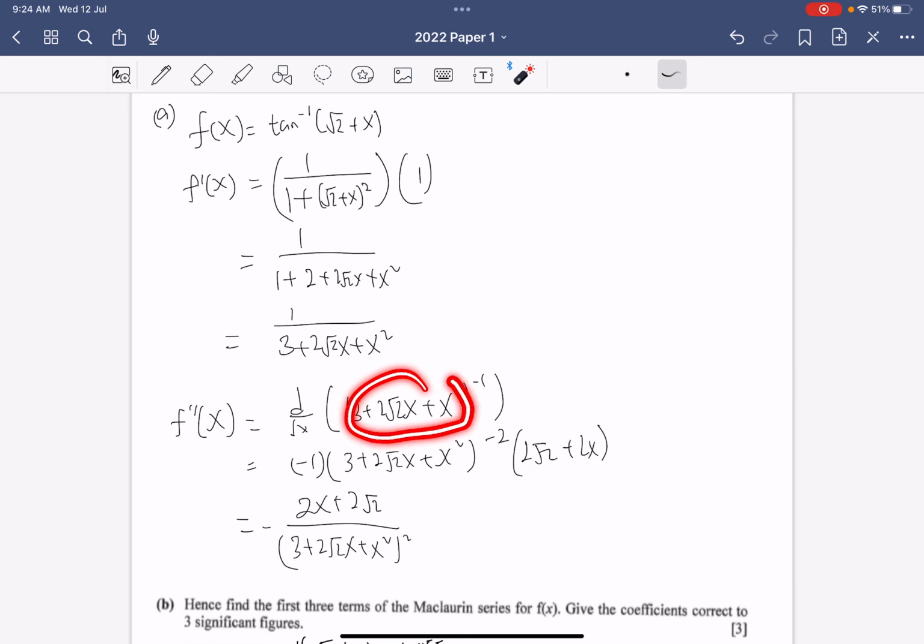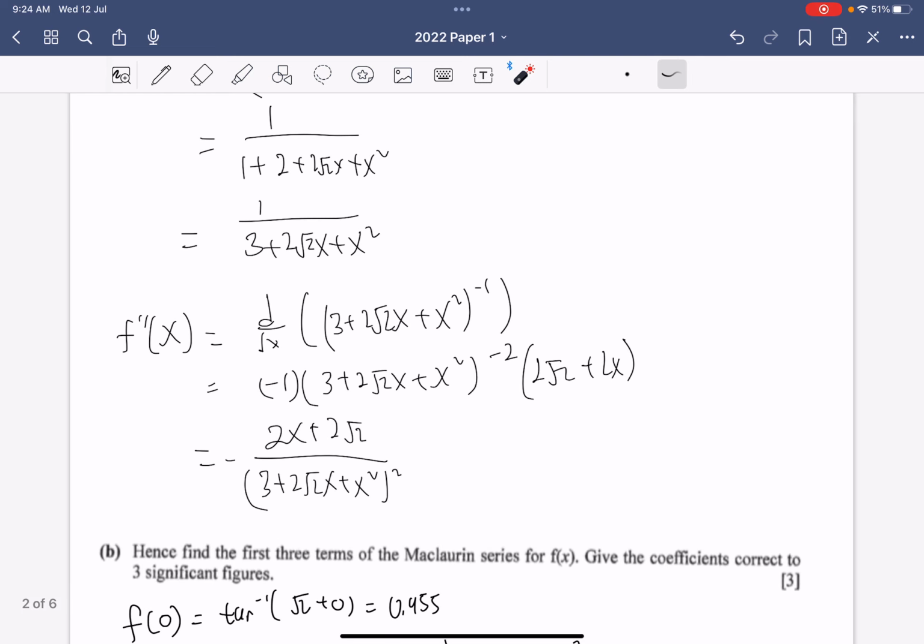Now this whole thing is your y, and so you just need to bring down the power, this thing raised to minus 2. But because now this is not just a y, it has many terms, you just need to do the chain rule again. And you get the following, this additional portion, which then leads you to this final result.